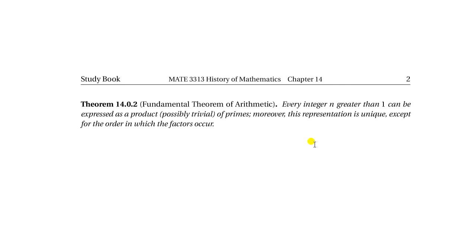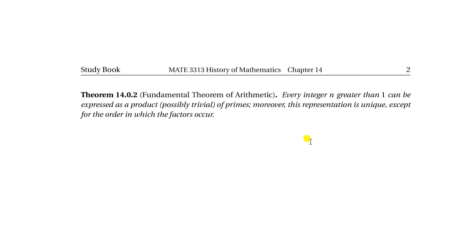Okay, next one, we are not going to prove it, but this is a very important one. Every integer n greater than 1 can be expressed as a product of prime numbers, and uniquely. So this is the power of the theorem. Because of this, instead of dealing with a big number, we can dissect it into a collection of much smaller numbers.